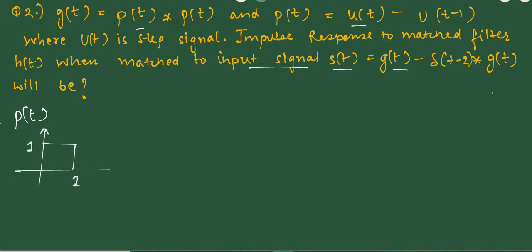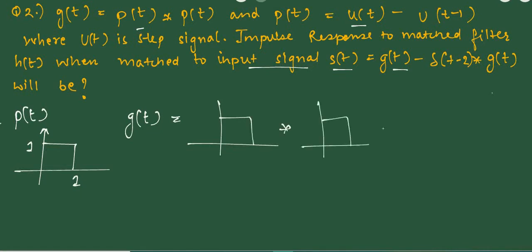The next signal is the convolution of p(t), which is g(t), okay. So the convolution of two same signals will give us a triangle which is from 0 to 2, and this will be the energy of the signal. So the energy of the signal is 1 here.